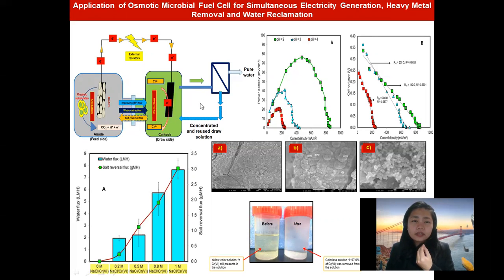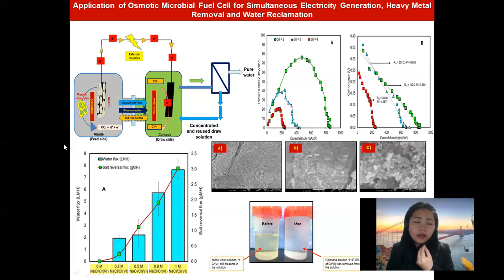And in my study, I don't use the conventional cation exchange membrane as other microbial fuel cells use. I use the forward osmosis membrane. The reason is that I want to introduce one more additional benefit of MFC, which is water reclamation, because the forward osmosis process allows water to be extracted from the lower concentration solution to the higher concentration solution.